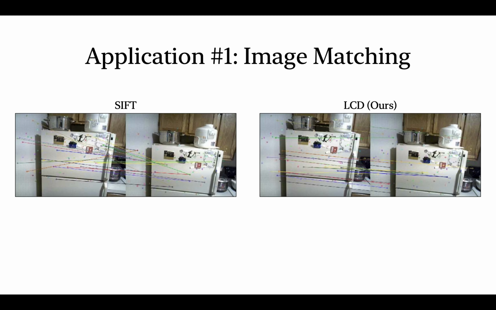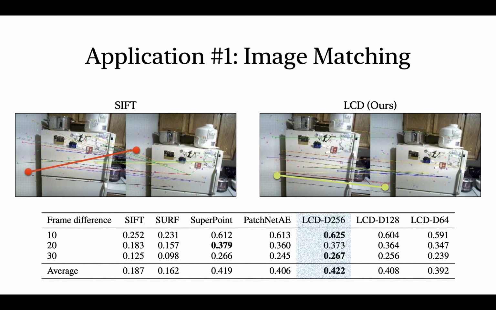Our result is shown on the right-hand side, compared to the result from SIFT on the left-hand side. You can see that our descriptor can match between regions with repetitive texture, whereas SIFT fails in this case. Overall, our descriptor gives state-of-the-art performance when compared to other handcrafted descriptors such as SIFT and SURF, or learned descriptors such as SuperPoint.